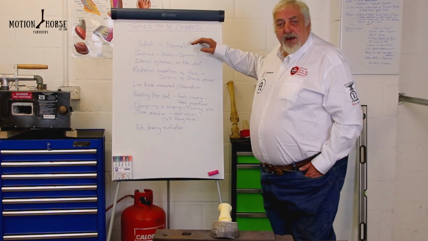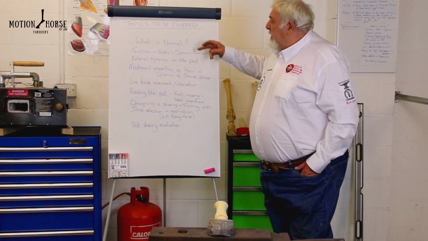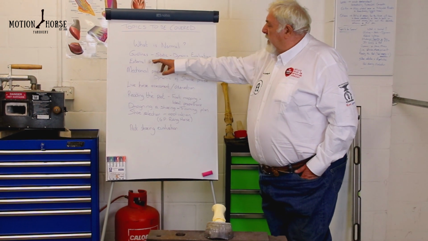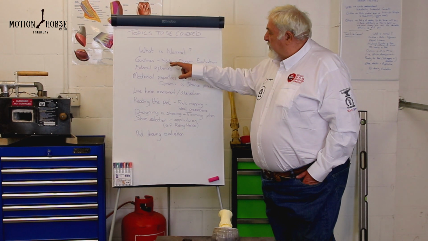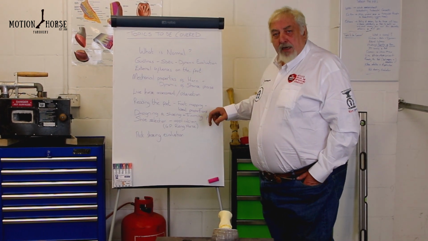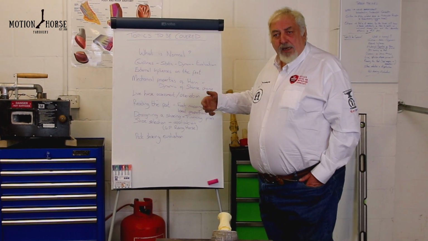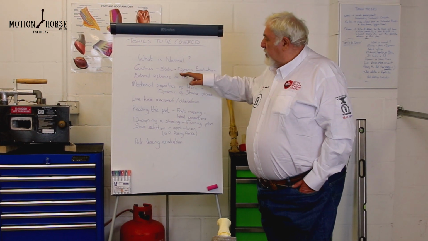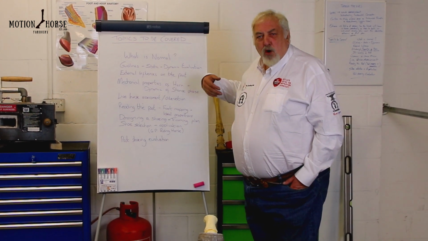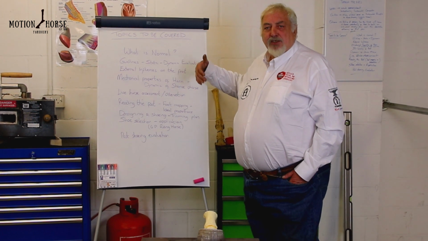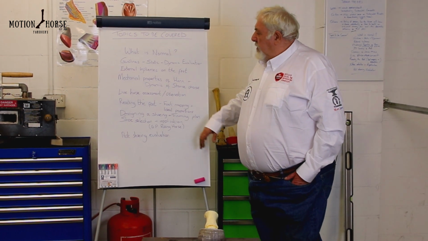We're going to discuss variations in normal, and then we're going to look at some guidelines for evaluating the limb both statically and dynamically, because foot balance and shoeing is not just about the static proportions of the foot, but more how it interacts with the limb and the surface that it's on.